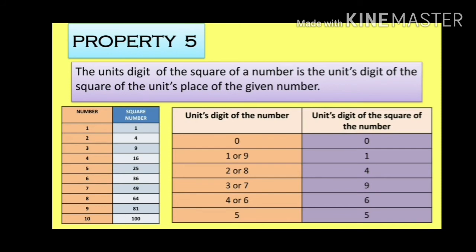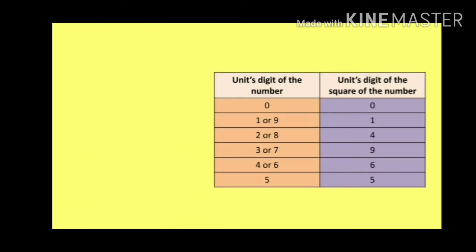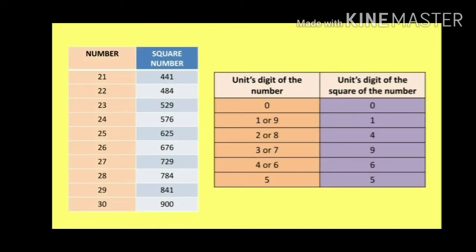Using this list, let's see here. We have taken some 2-digit numbers, so it will be easy to understand. Let us take the first one, 21 and 29. On the table on the right-hand side, you can see if the number ends with 1 or 9, the square will end with 1.